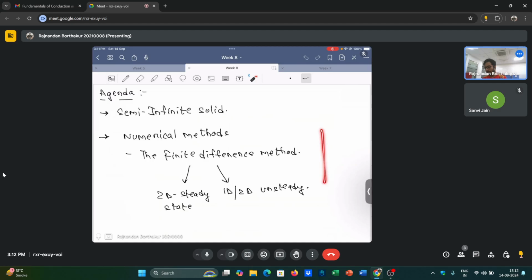But first we will learn what is essentially a semi-infinite solid, and a simple numerical associated with it. Then we will proceed with the numerical methods, using simple schemes like finite difference schemes to solve the heat transfer equations that we saw. So this is the agenda for this class.